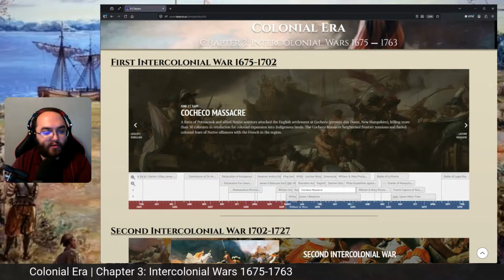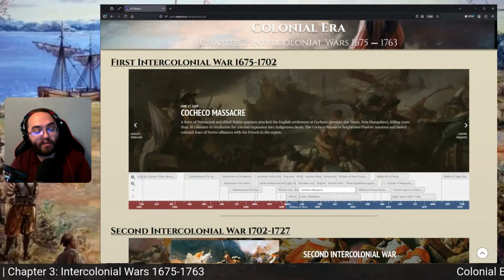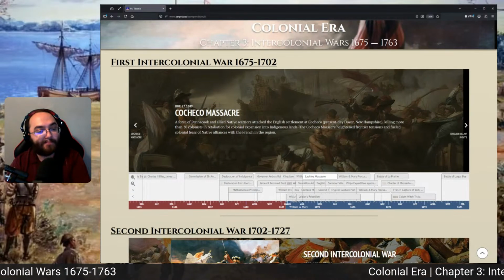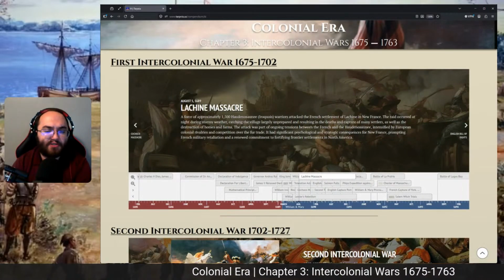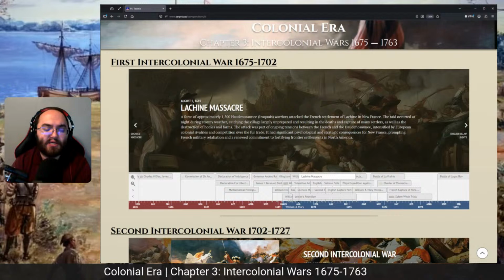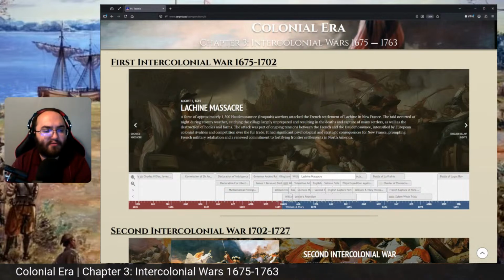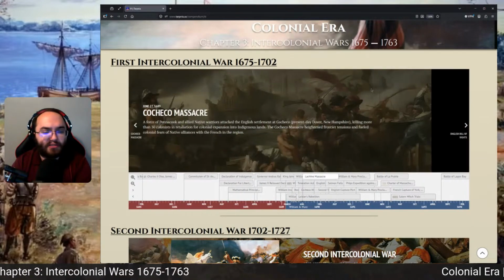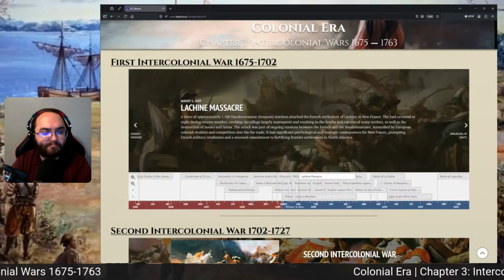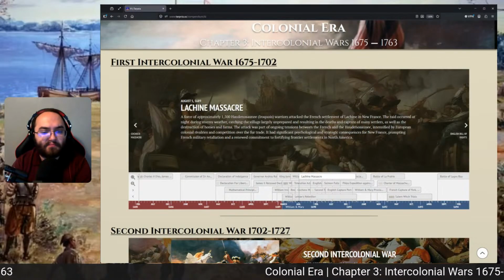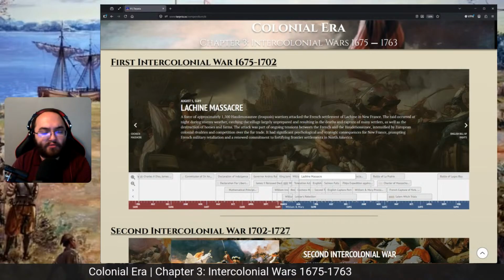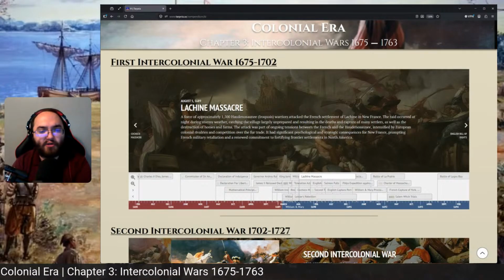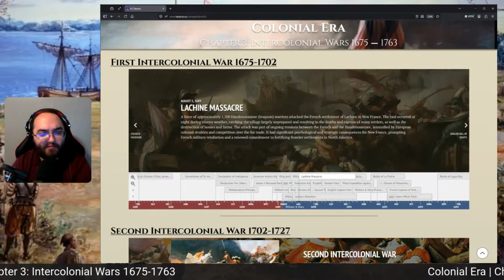You have the Cocheco Massacre. This is during King William's War. Again, most of the native violence consists of raids, massacres, and ambushes and skirmishes, not really pitched battles. So you have a bunch of these massacres going on at the same time. The French and their native allies will massacre English colonists and their native allies, and vice versa.